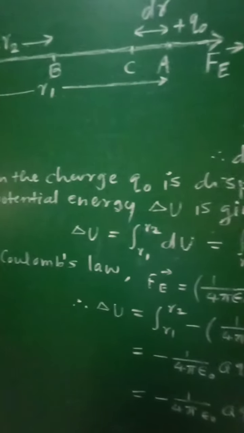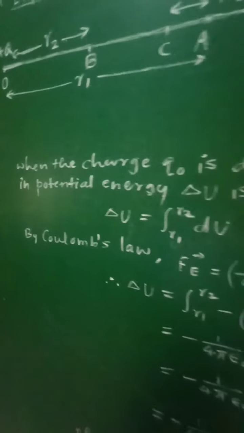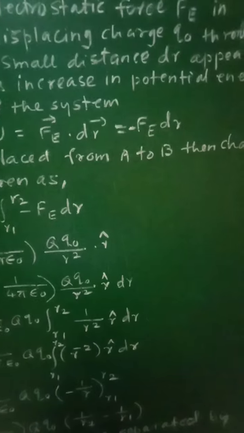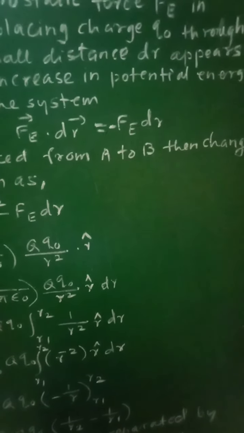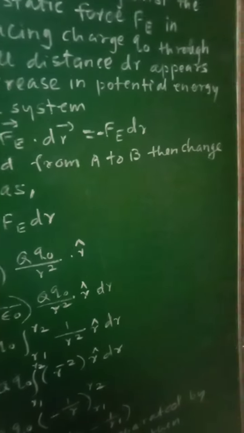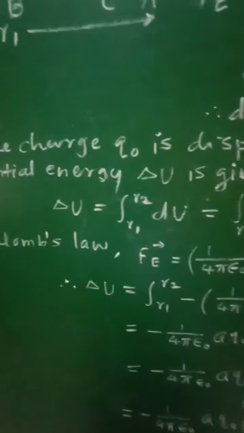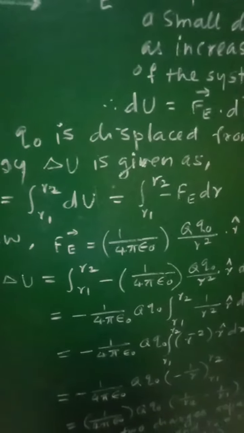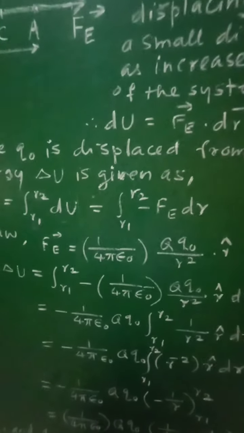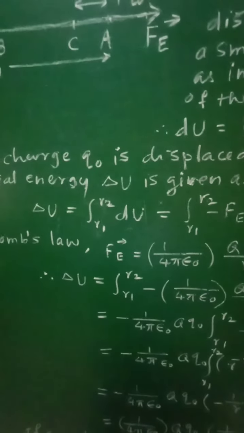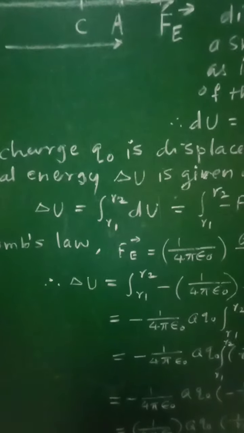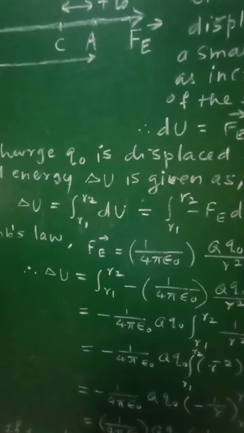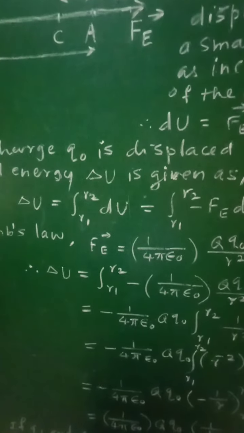Now when the charge Q0 is displaced from A to B, the change in potential energy delta U is given as, this will be the total change in electrostatic potential energy in displacing that charge from A to B, that is from initial position to final position.